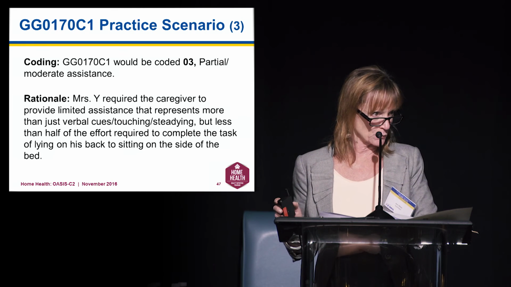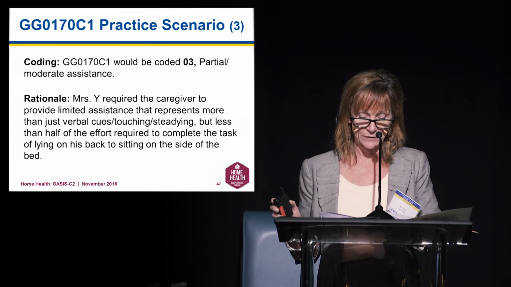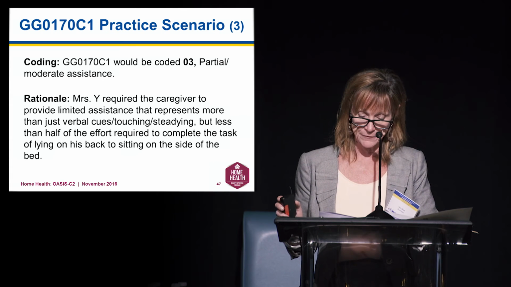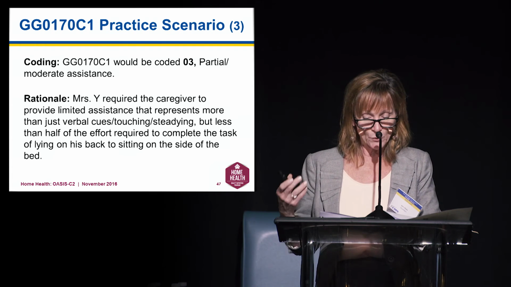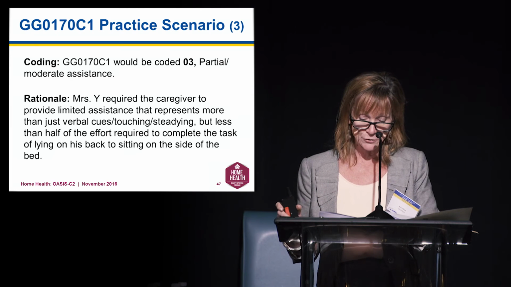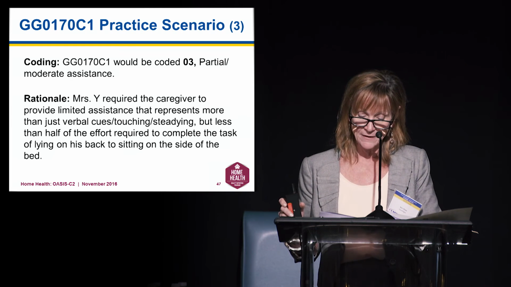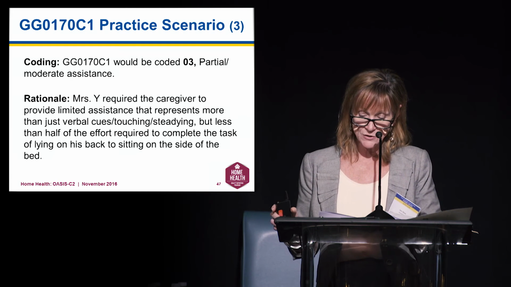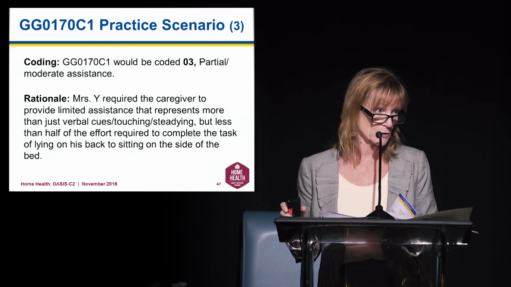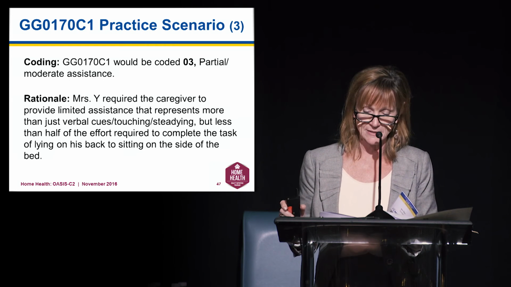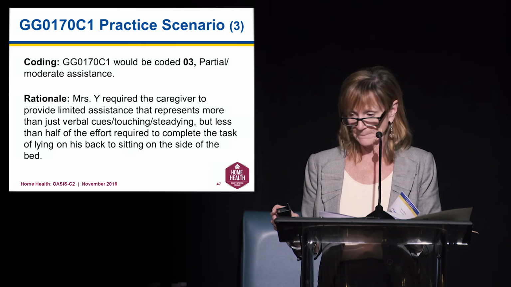That was a key word there, so it was limited or less than half of the effort. It was more than providing verbal cues or touching or steadying, but it was less than half, so the proper code would be that partial or moderate assistance, which would be a code of 3.